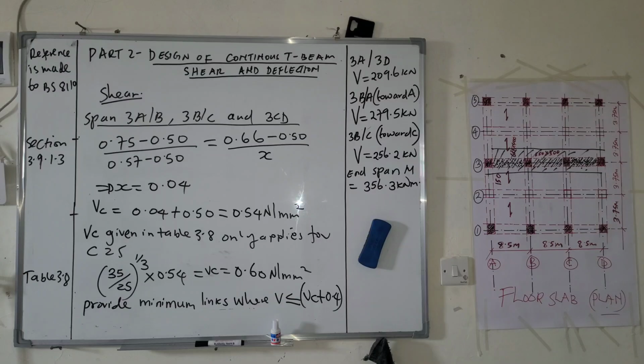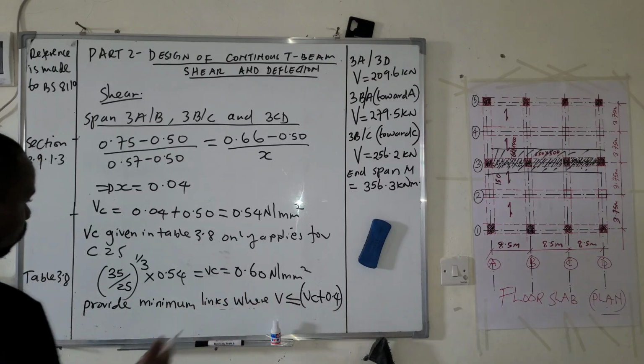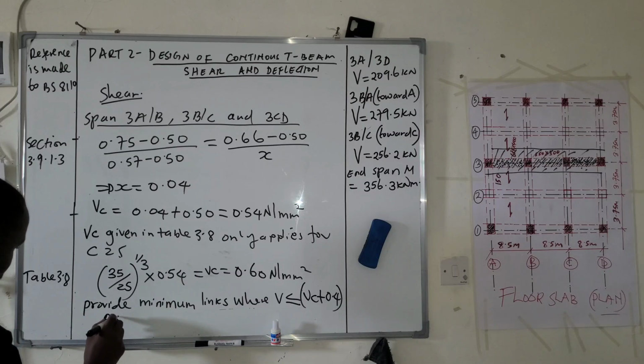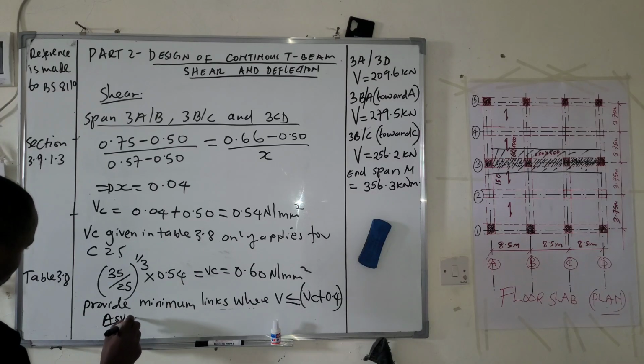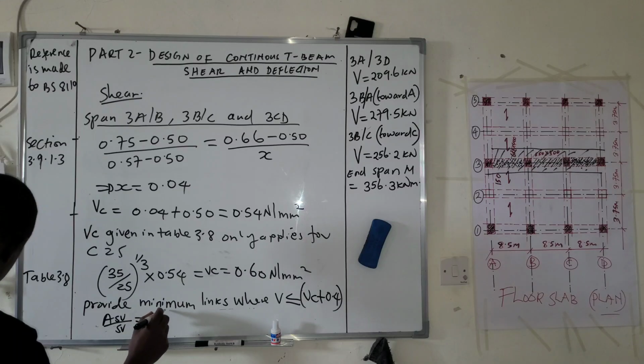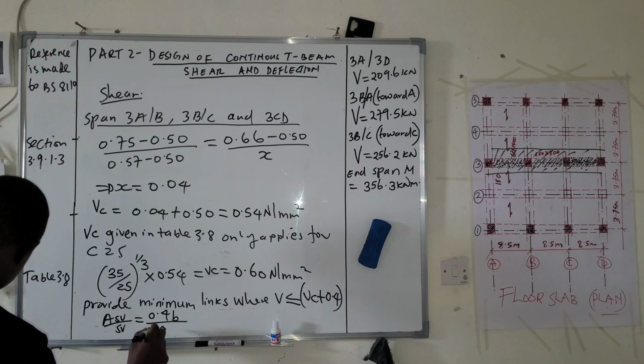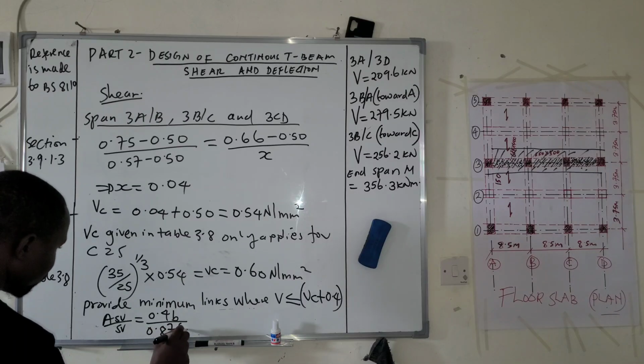So use this equation to obtain minimum links where v is less or equal to Vc plus 0.4. So this is Asv over sv is equal to 0.4 b over 0.87 fyv.